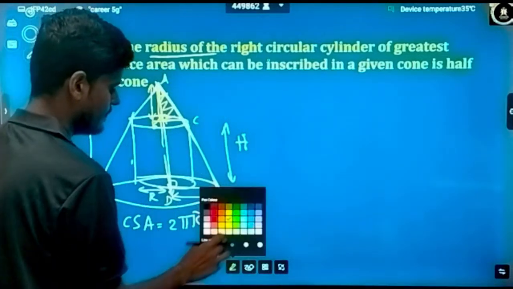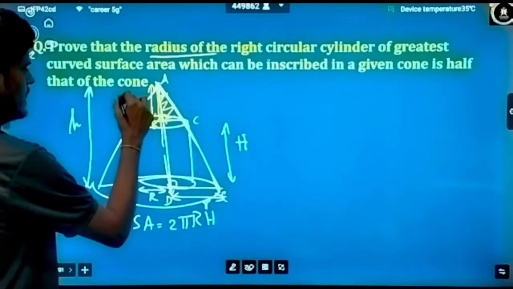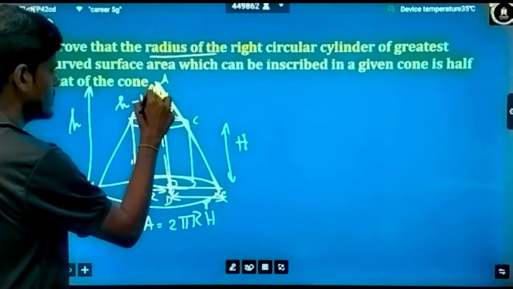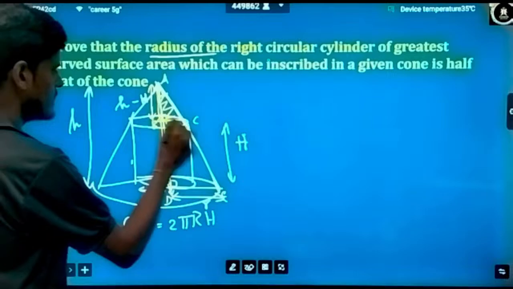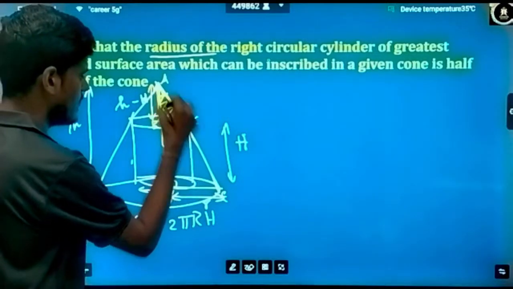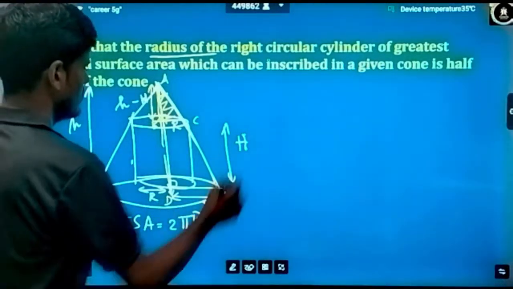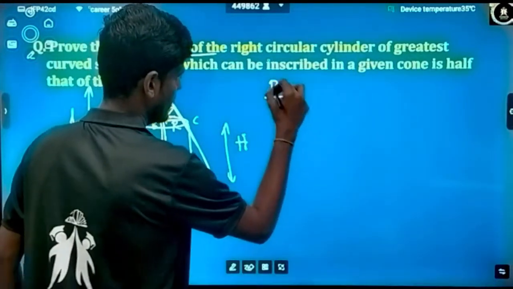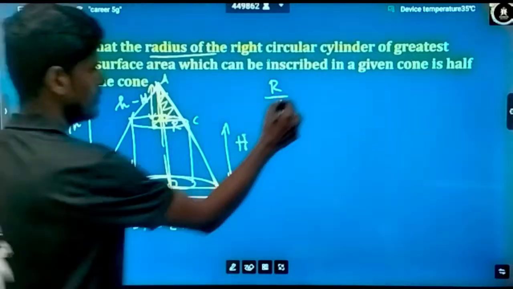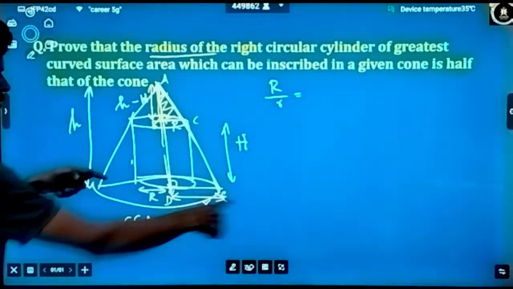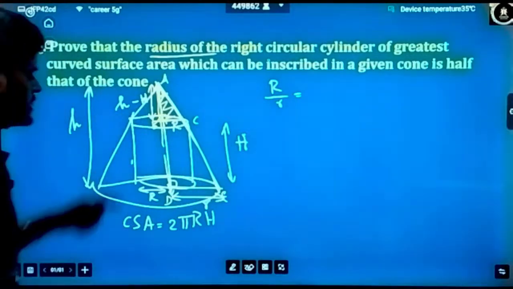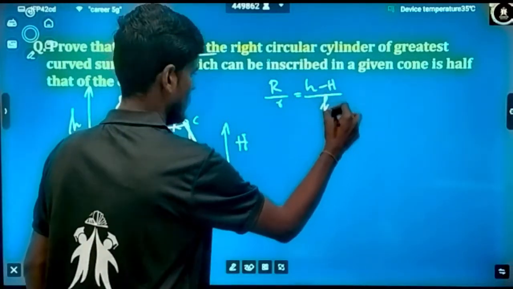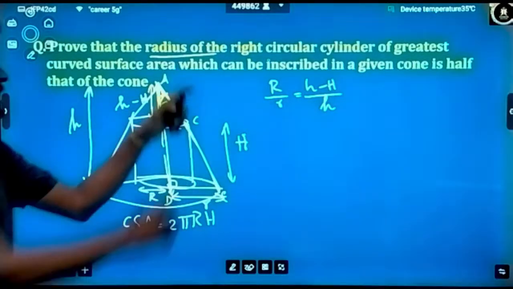This height will be the total height h minus the cylinder height, that is h minus H. And this radius is the radius of the cylinder, that is R. So R divided by r will be equal to h minus H divided by the total h. Now this is our condition.